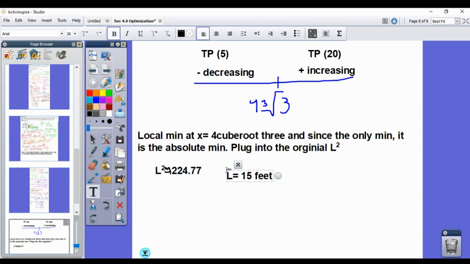So the smallest possible ladder that I could have with the specifications is 15 feet.